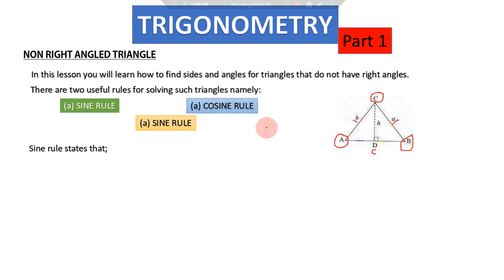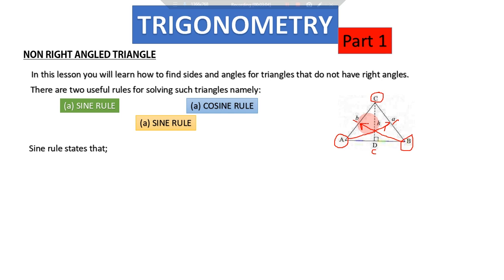Each angle has an opposite side. For instance, angle A, the opposite side is that small letter a over there. Same applies to angle B, the opposite side is small b.